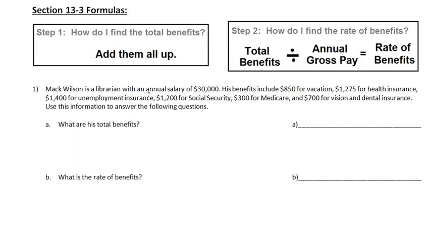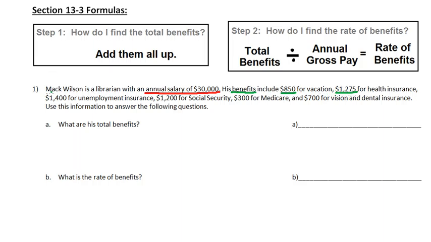Mac Willison, he's a librarian with an annual salary of $30,000. His benefits, now he's going to get a bunch of benefits here. He's not only going to get paid $30,000, but they're going to give him vacation time off. And that vacation time off is going to be a value of $850. They're going to help him pay for his health insurance. That's going to be a value of $1,275.